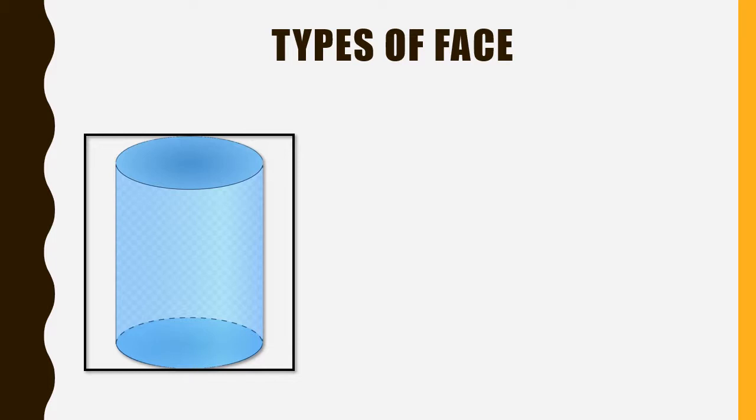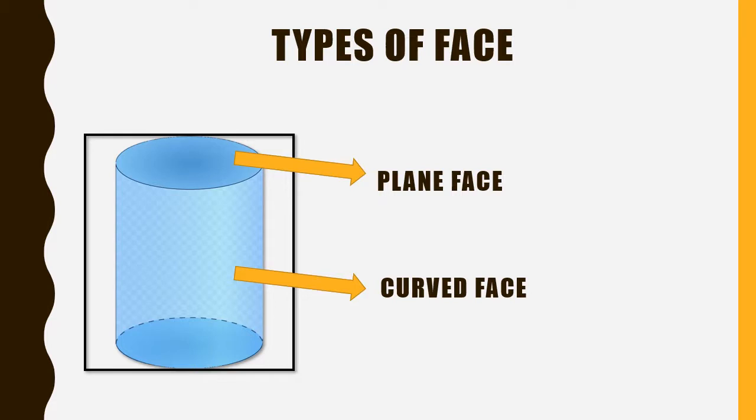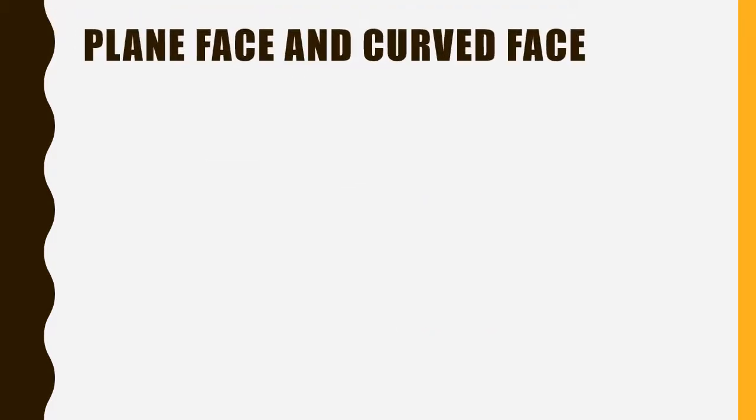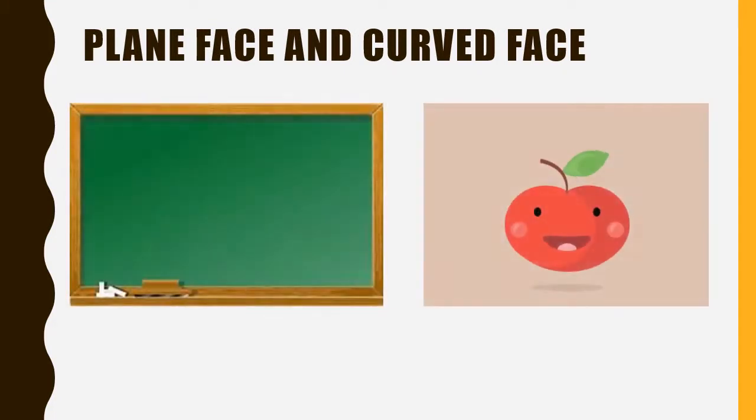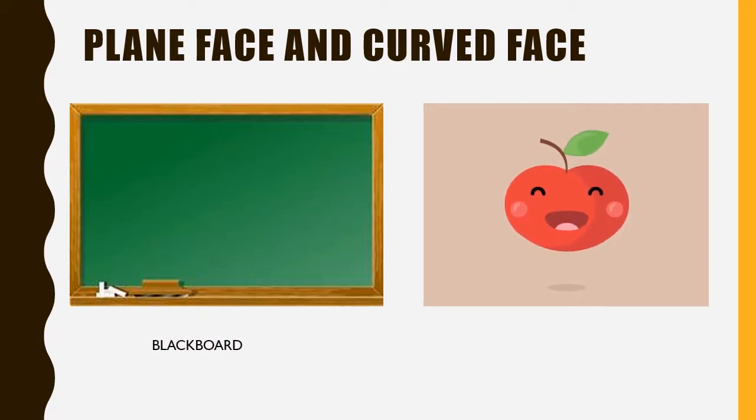Children, a solid has two types of faces, a plane face and a curved face. Now let's understand about these two faces nicely with examples. Plane face and curved face. Look at these two objects, a blackboard and an apple.